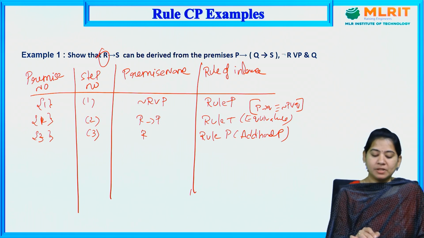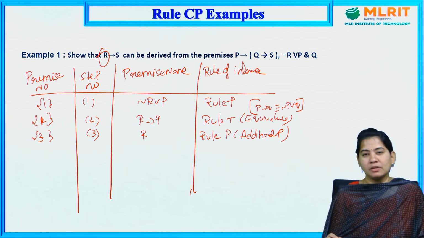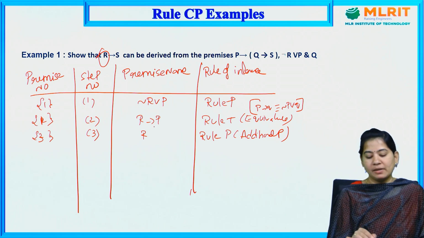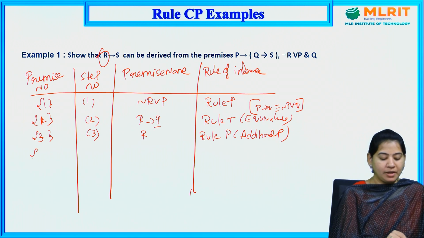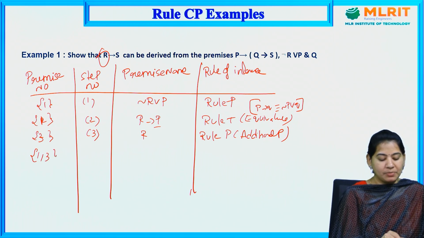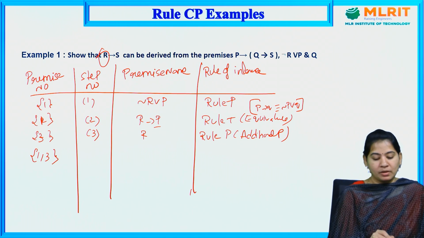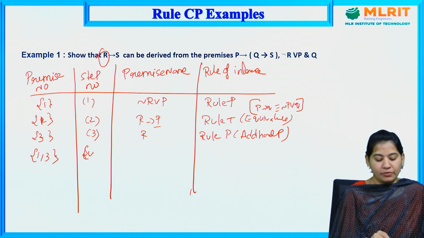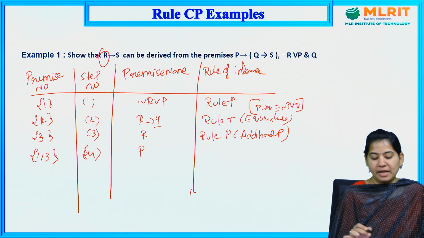If we observe here, R comma R implies P, by using modus ponens, R comma R implies P gives P. So as we are going to add R comma R implies P, you need to write premise numbers 1 comma 3, and step number is 4, and R comma R implies P is P.